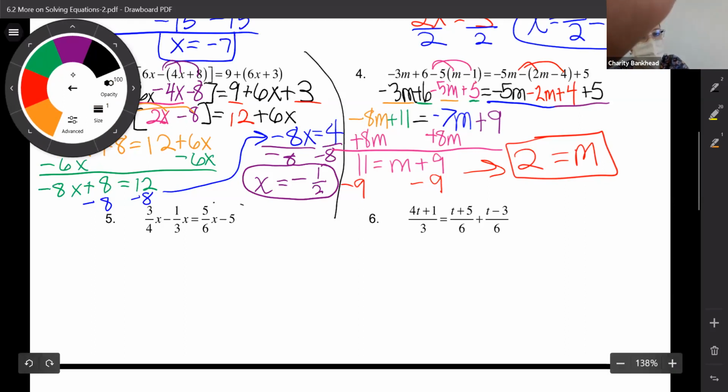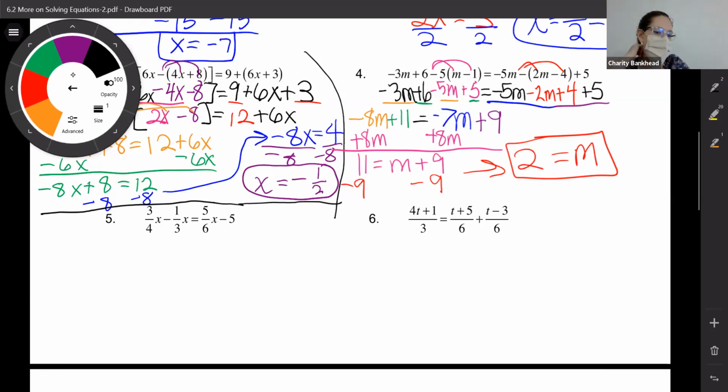So what do you think the LCD is? So we're looking at 4 and 3 and 6. So what could all of those go into? So one way to figure that, yeah, 12. Yeah, at first I was thinking 24, but then I realized, wait, actually we could do 12 would be smaller.